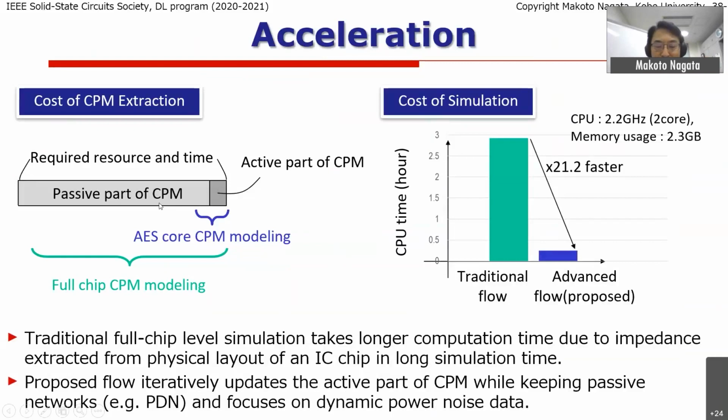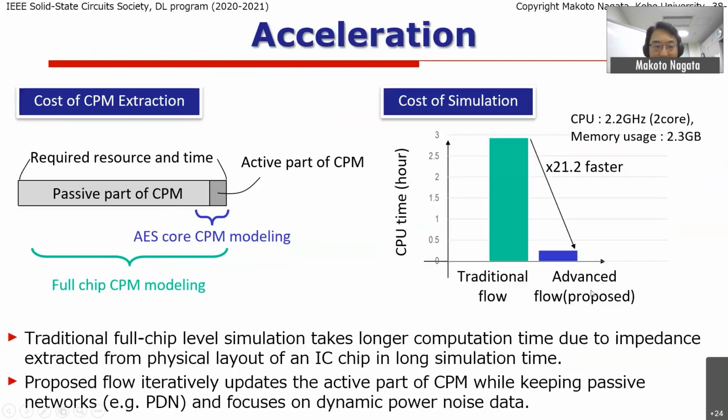The passive part normally takes a very, very long time because the dense RLC network needs to be extracted from the die, but that can be done only once. And the active part, this is the combination of the active current models, that can be quite fast in comparison to the extraction of the passive part model. And with the reusable approach, the cost is quite reduced.